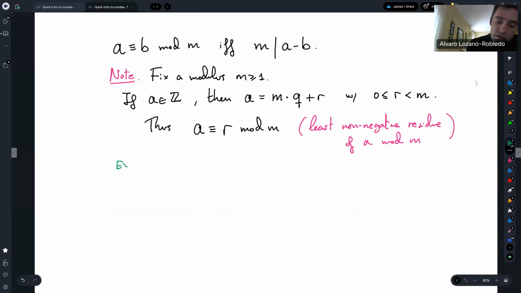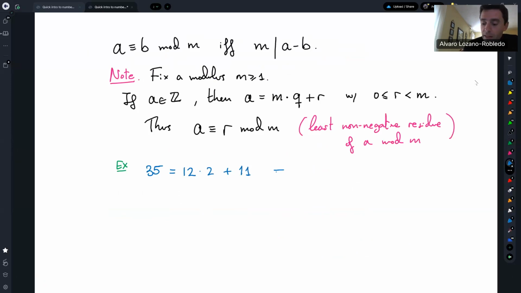If we had 35 and we want to find the least non-negative residue, say modulo 12, then we divide by 12. 12 times 2 is 24 plus 11, and that tells me that 35 is congruent to 11 modulo 12, and 11 is the least non-negative residue of 35 modulo 12.